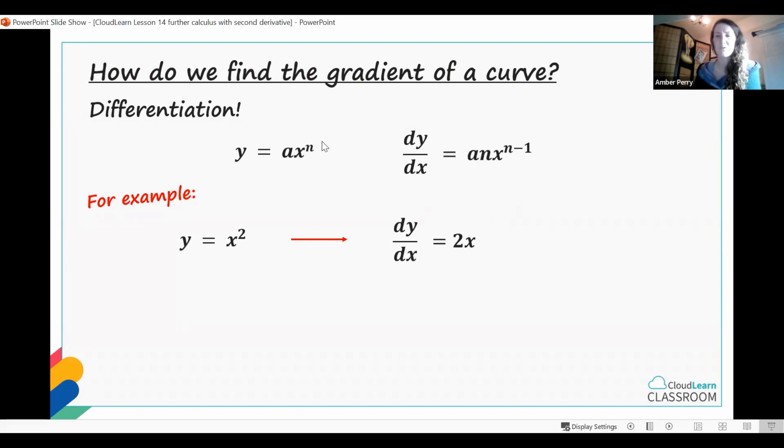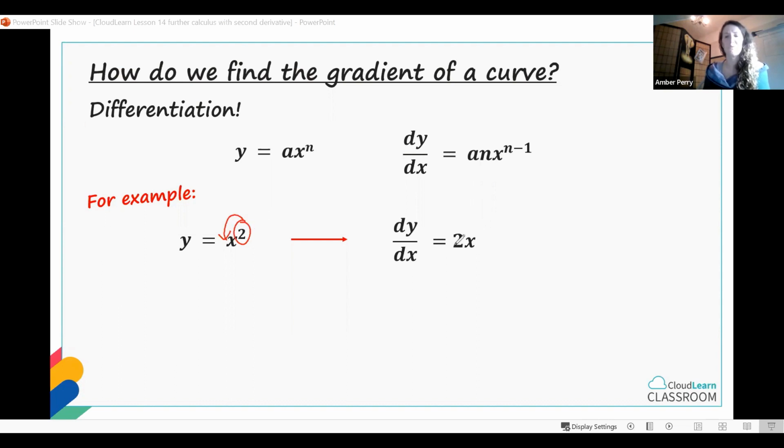We talked last time about how this is a lot to remember, but if you remember the pattern as opposed to the formula, it's easier. The pattern is simply: take the power, bring it down in front, and then subtract 1 from the power.